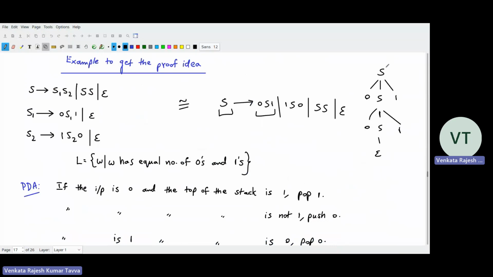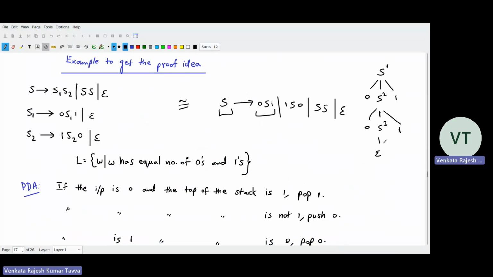What we can say is, let me call this S1. This S1 generates this entire string 0011. Let me call this one S2. This S2 generates only this portion of the string, 01. If I call this S3, this portion generates only epsilon. Okay, so sub portions are generated by sub variables and larger portions are generated by larger variables.